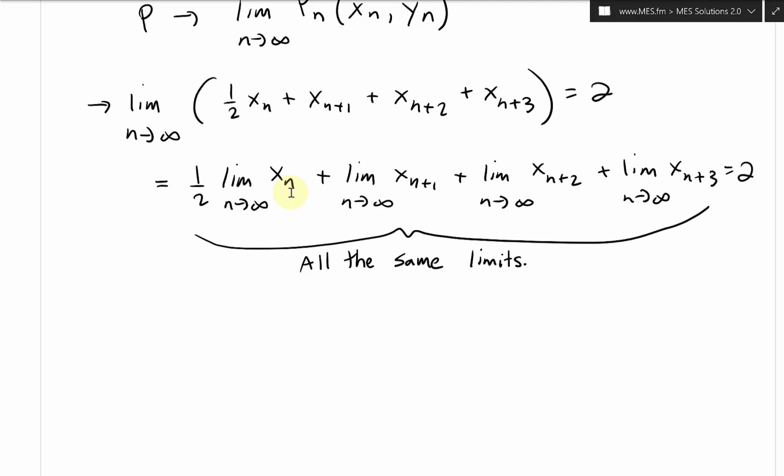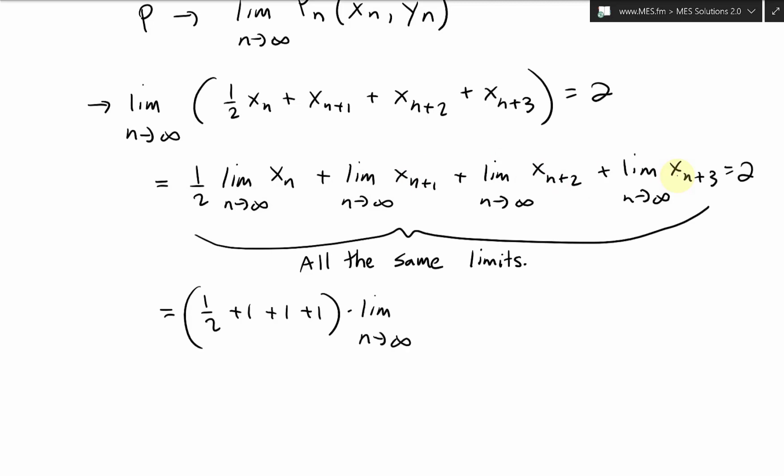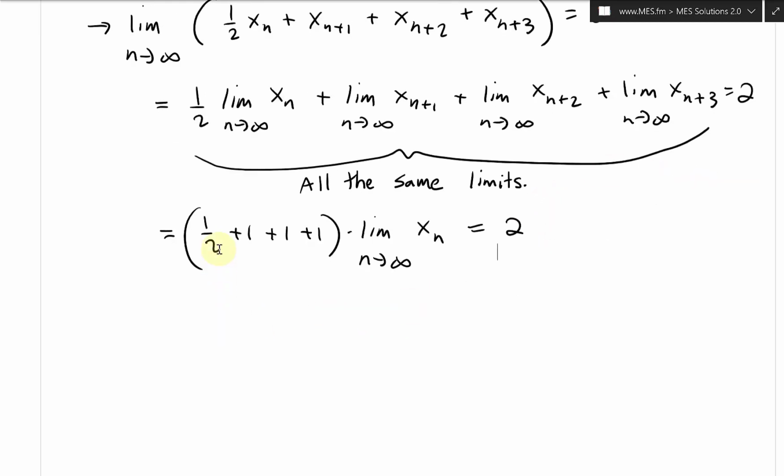It's the same as writing (1/2 plus 1 plus 1 plus 1) times the limit as n approaches infinity of xn, which equals 2. Now 1/2 plus 3, using a common denominator by multiplying by 2 over 2, becomes 6 plus 1 is 7, so 7 over 2.